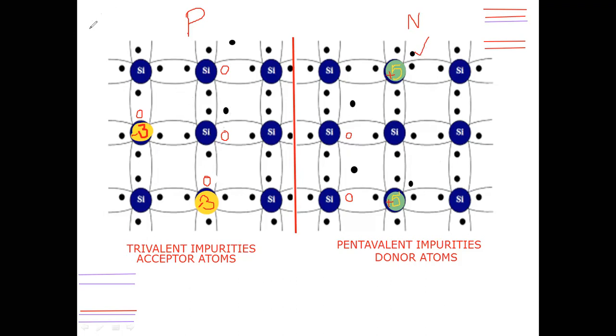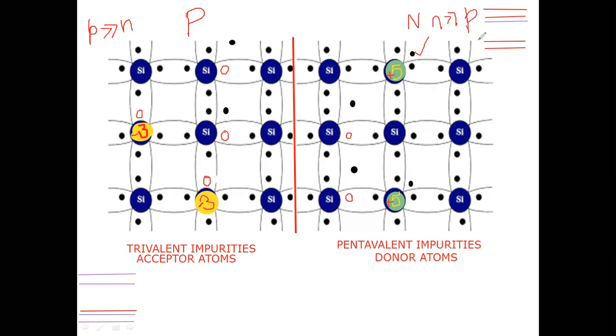In p-type, the hole concentration, the number of holes per centimeter cube, is far greater than the concentration of electrons. Likewise, in n side, the concentration of electrons is far greater than the concentration of holes.